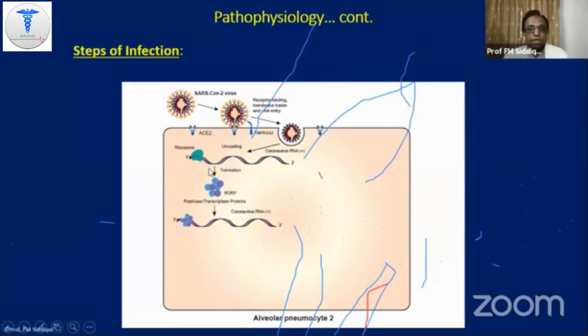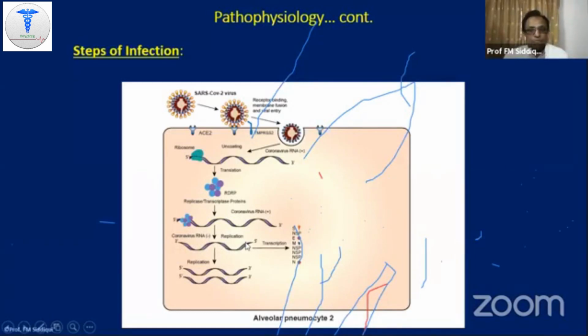One of the important proteins is RNA-dependent RNA polymerase. After it is generated, this protein acts on the same RNA, replicates it, and makes a template, which is coronavirus negative sense RNA.